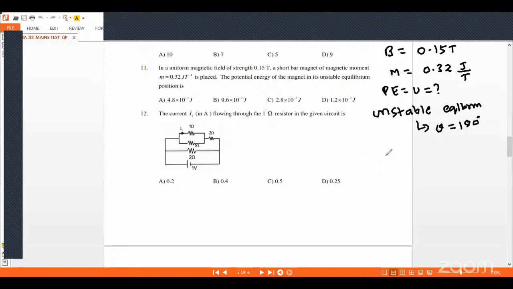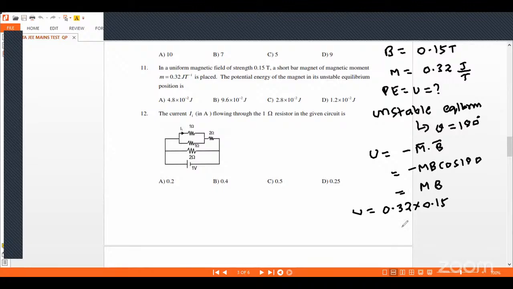So potential energy equals minus m bar dot b bar, that is minus mb cos 180, which is nothing but m into b. Substituting the values, 0.32 multiplied by 0.15, we'll get around 4.8 into 10 power minus 2 joule. That is the first option.